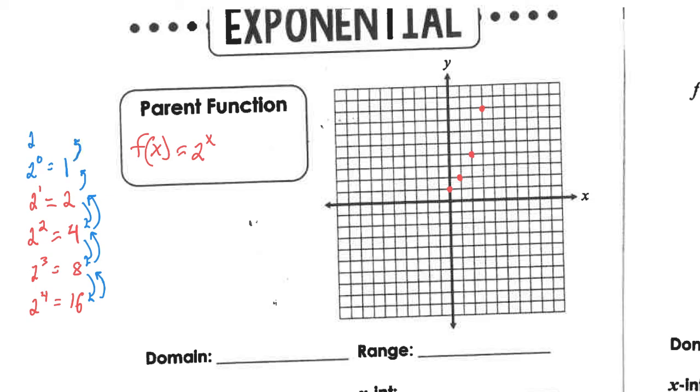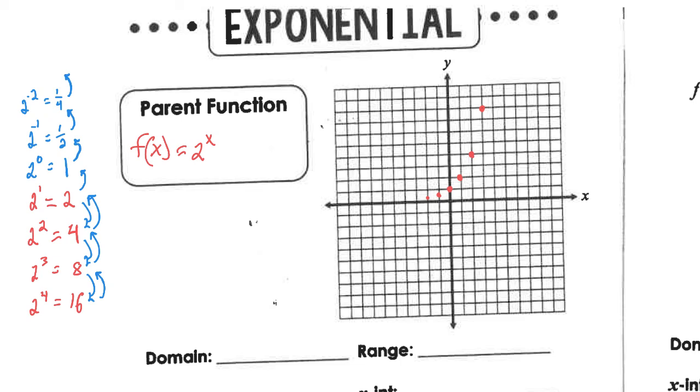Okay, let's go again. What about 2 to the negative 1? I just divide that by 2, I'm going to have 1 half. So at negative 1, it's up at a half. And let's keep going with our pattern. So 2 to the negative 2, half of a half is 1/4. So go to the left 2 and up 1/4.